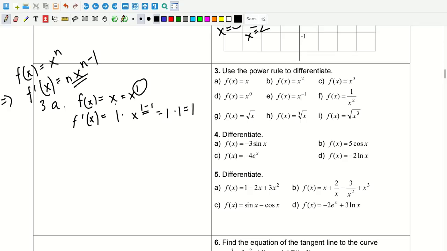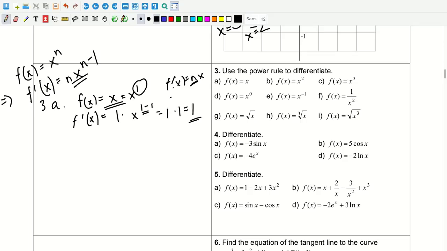So you just memorize, whenever you see f of x equal to x, the derivative is always 1. The derivative of f of x equals n x, any number times x, like 2x, 3x, 4x, is just the number in front. Remember that.